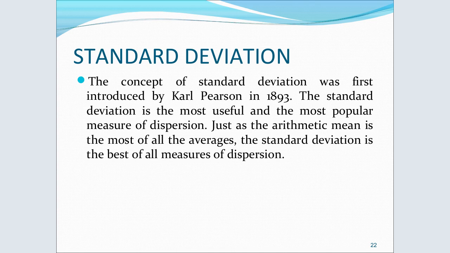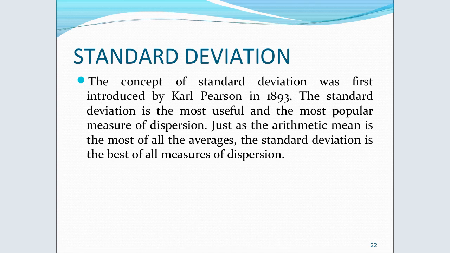Then lastly, what we are supposed to understand is the coefficient of variation. In some books we are going to find CV. In short, it's called CV.